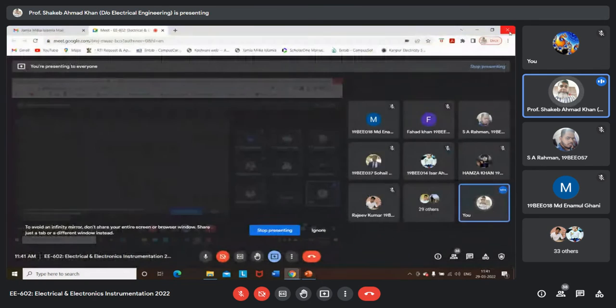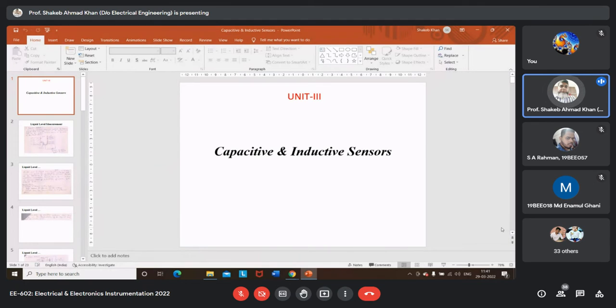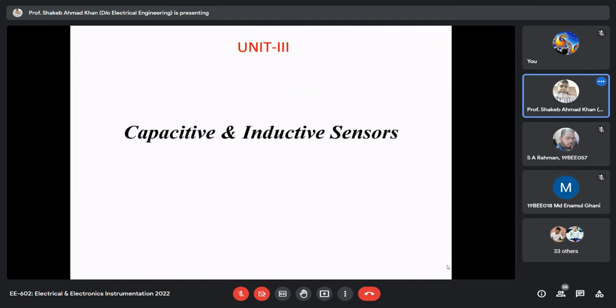Now I'll discuss another topic. Now we'll discuss the capacitive and inductive sensors. We started with the resistive sensors. We discussed strain gauge, RTD and thermistor.